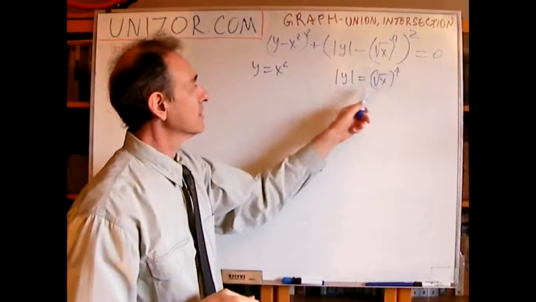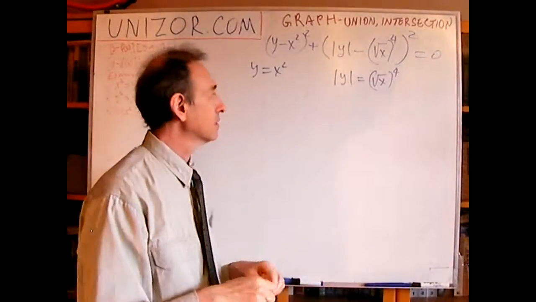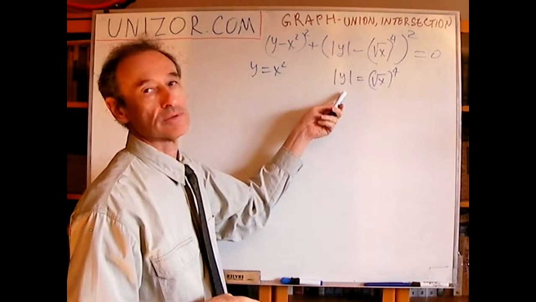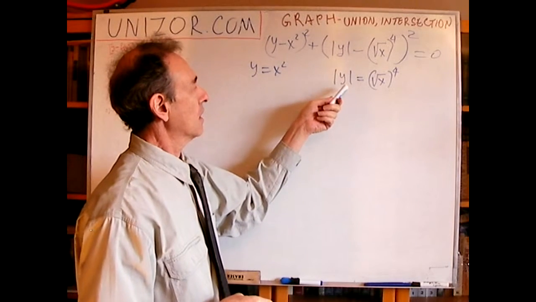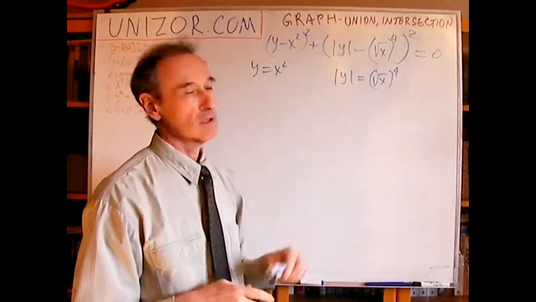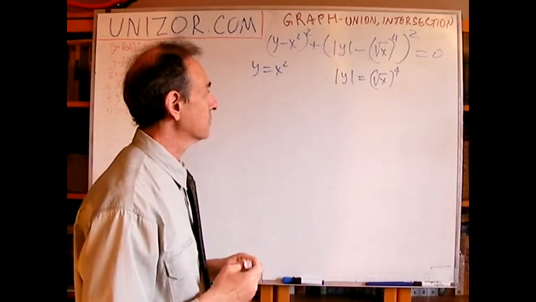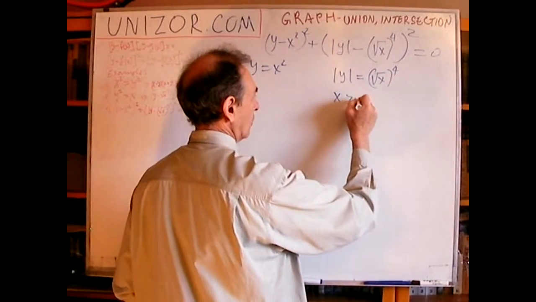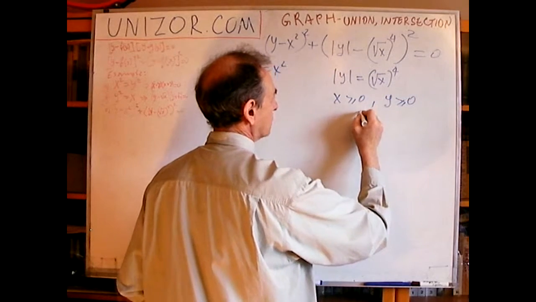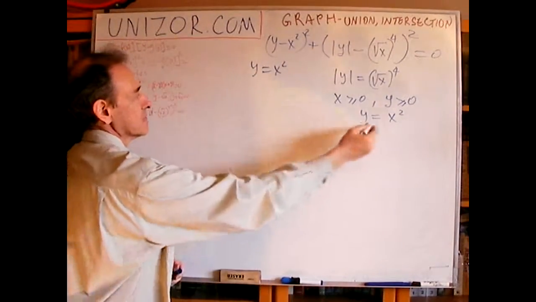If you think about it, for positive x and y, you can just drop the absolute value for y, since it's positive. And on the right, the square root of x to the fourth degree is basically x squared. So for non-negative x you have this, which is the same as this.